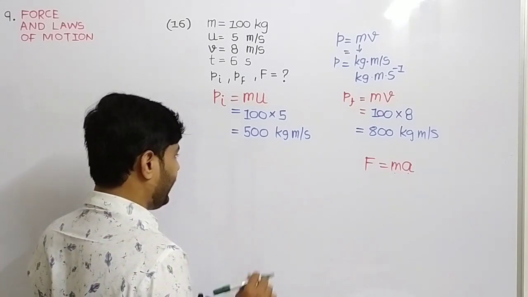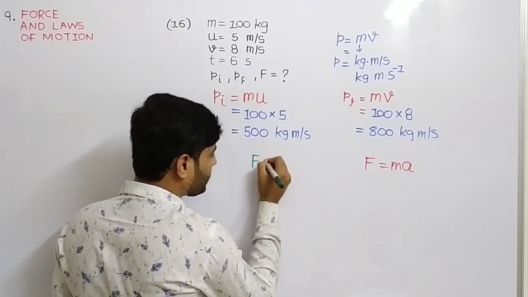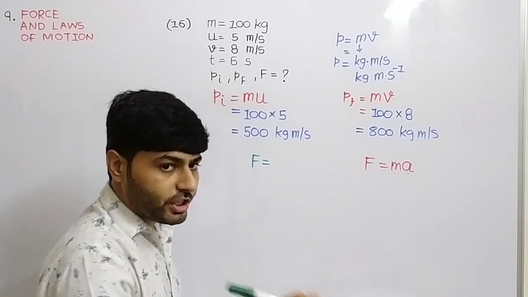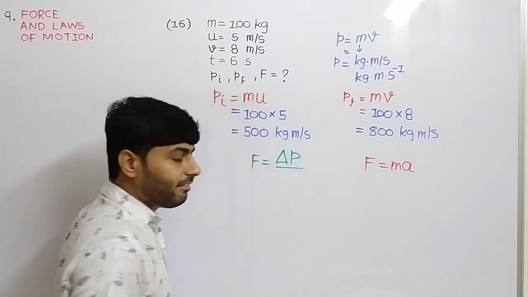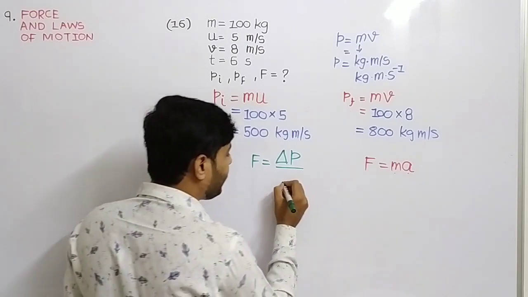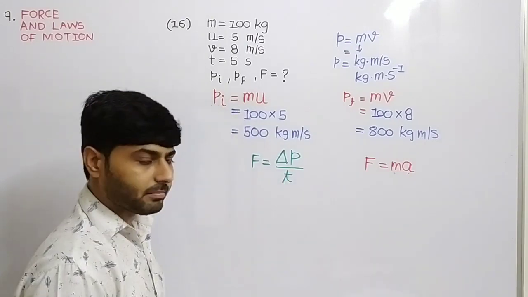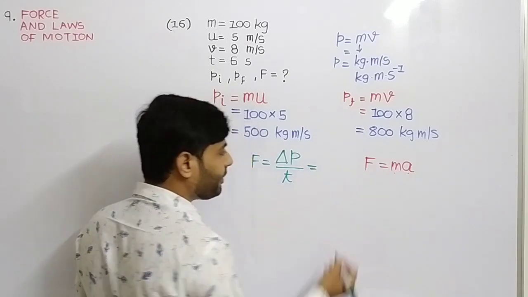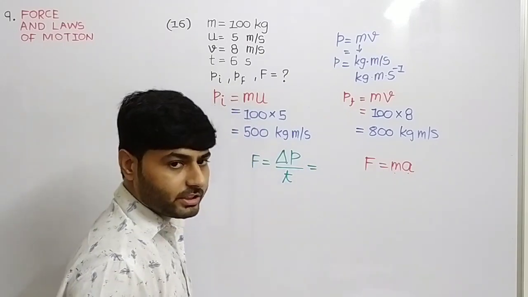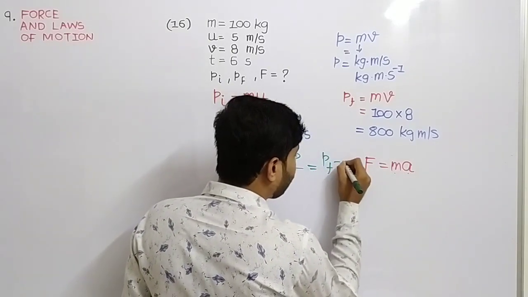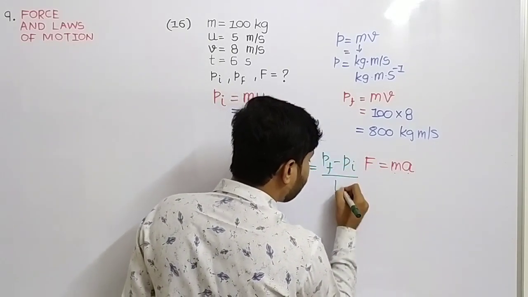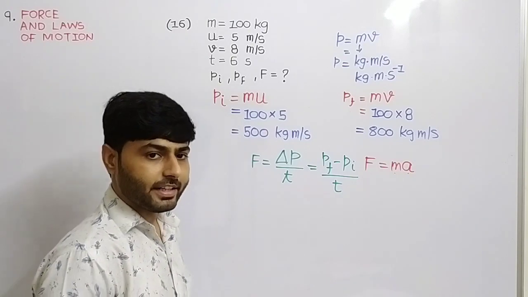I can write it as force is equal to change of momentum, that is delta P, divided by time. Rate means division by time. Now you know delta P, we discussed it in the previous lecture. That is P final minus P initial, divided by T.